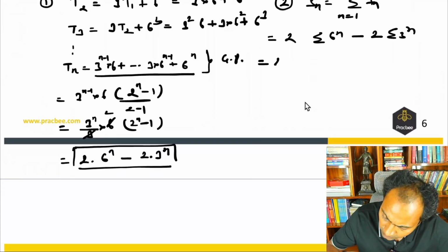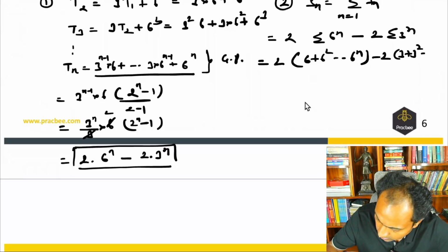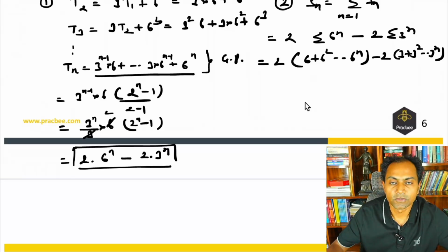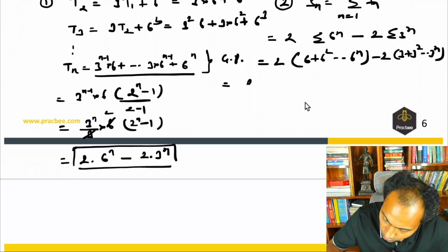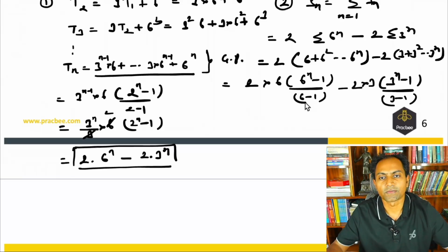Now this is not very difficult because what you have got is 6 squared till 6 raised to the power n, this is 2 into 3 plus 3 squared till 3 raised to the power n. Once you have done like this, this comes out to be nothing but 2 into a into r raised to the power n minus 1 by r minus 1. This will become 2 into 3 into 3 raised to the power n minus 1 by 3 minus 1. And this is what we have got.